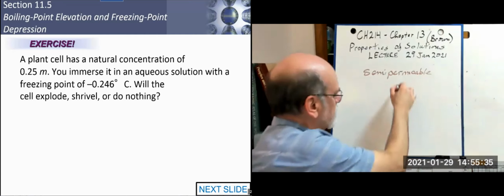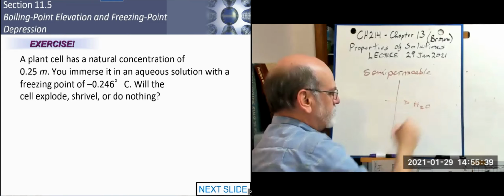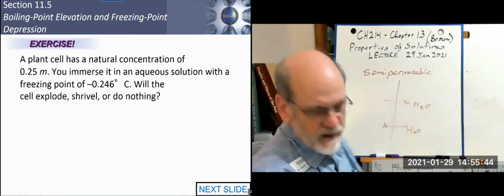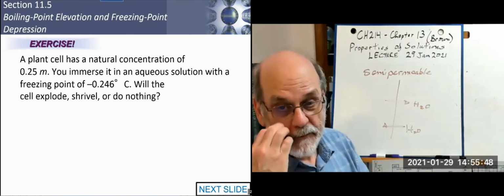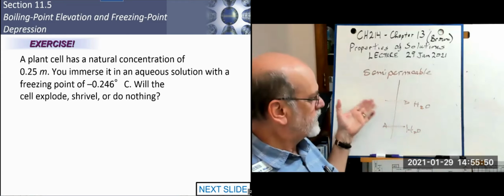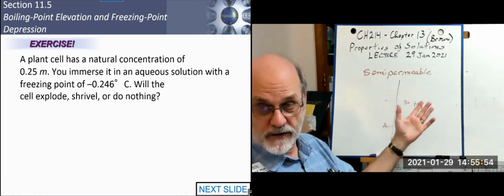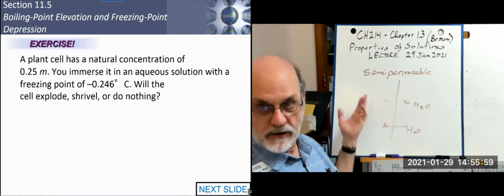Semi-permeable membranes allow the passage of water. Well, they also let gases through too, but we're concerned with water because we're going to have a solution on one side and ideally a pure substance on the other side. So we have water on one side and a solution on the other side.